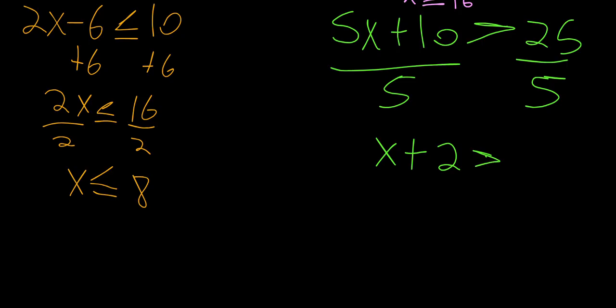X plus 2 is greater than 5. And then we can subtract 2 from both sides. And we get x is less than 3. Sorry, x is greater than 3. Got to make sure you understand the greater than or less than. X is greater than 3.